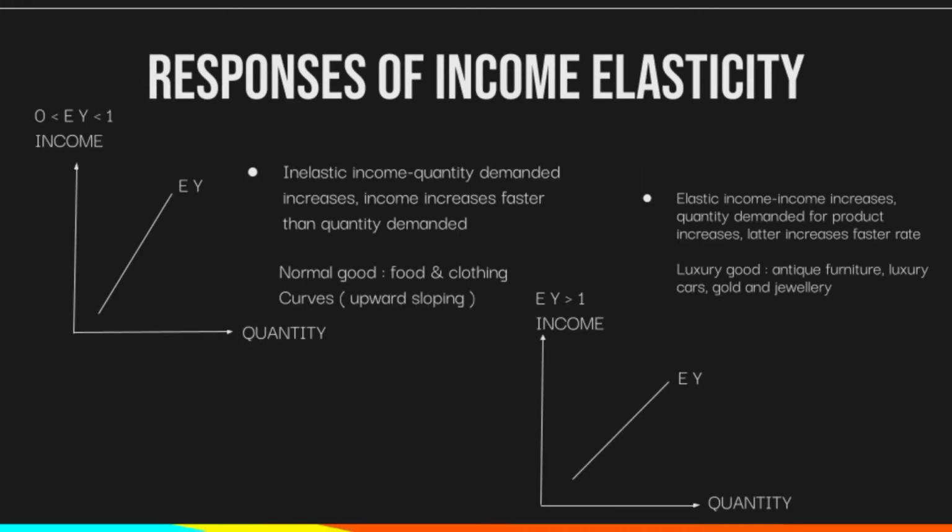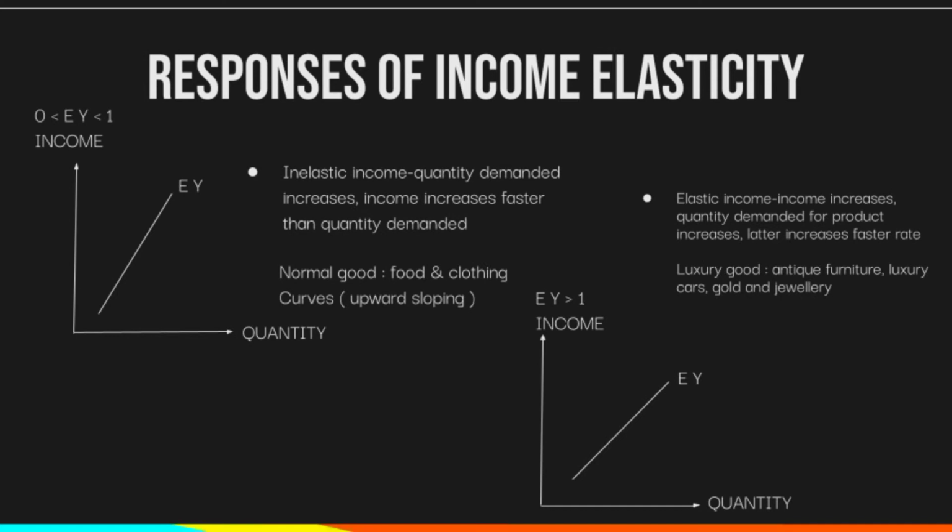For responses of income elasticity, we have four: inelastic income, elastic income, negative income elasticity of demand, and zero income elasticity of demand. For inelastic income, it is a condition in which the quantity demanded for a product increases as income increases, although income increases faster than the quantity demanded.